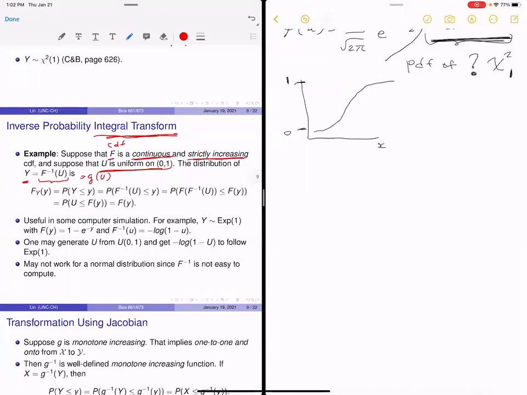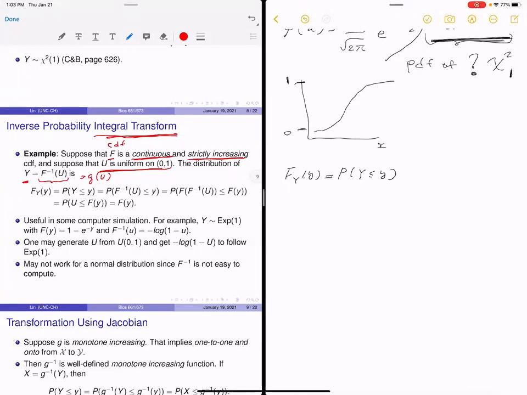And then tell me what the distribution of the new random variable Y is. Again, use the definition: let me derive the CDF to see if I can succeed. If I fail, then I choose another route. So by definition, the CDF is the probability that Y is smaller than y.